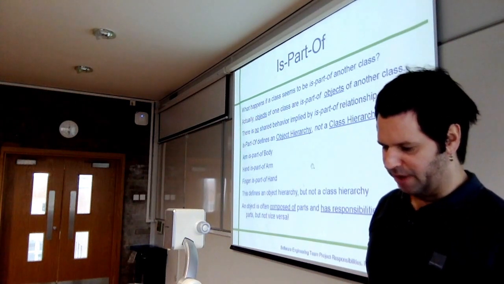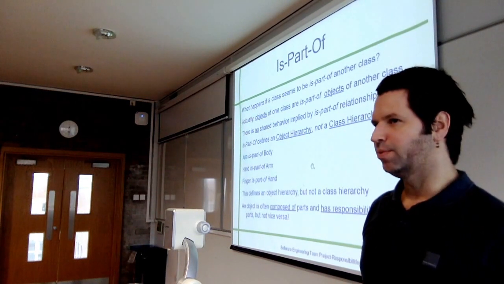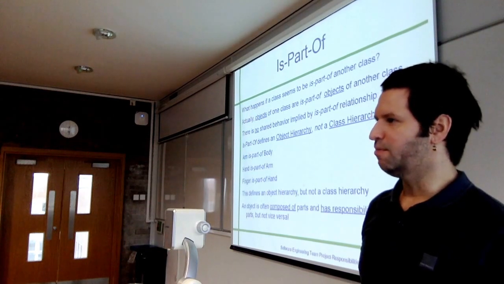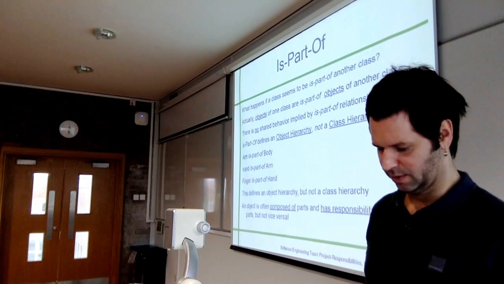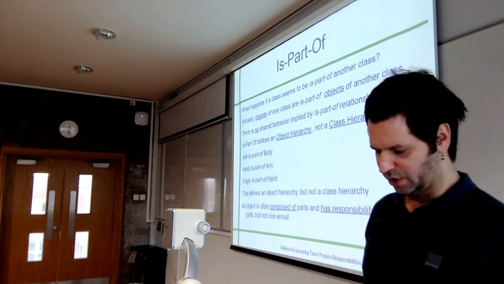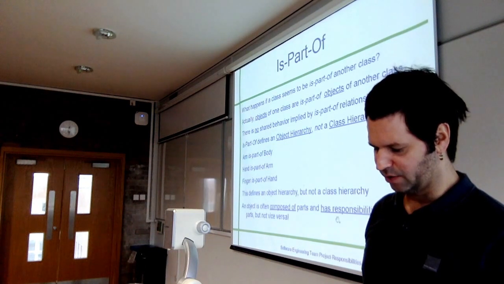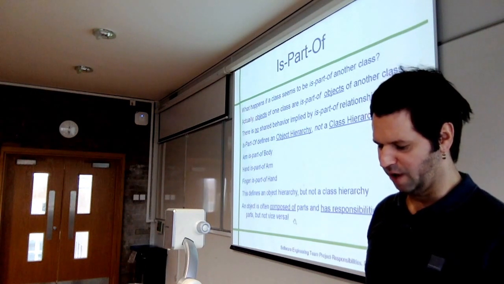This is implemented by membership. So when one object is a member variable of another object, it's a member, not a child. An object is often composed of parts and has responsibility for those parts, but not vice versa.